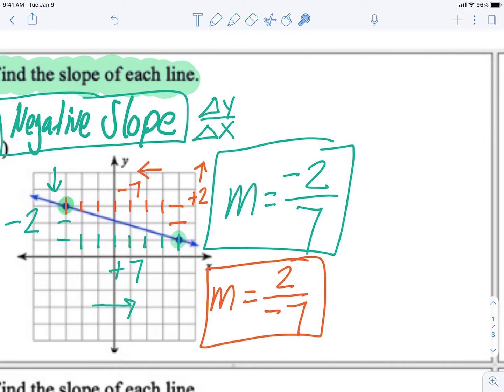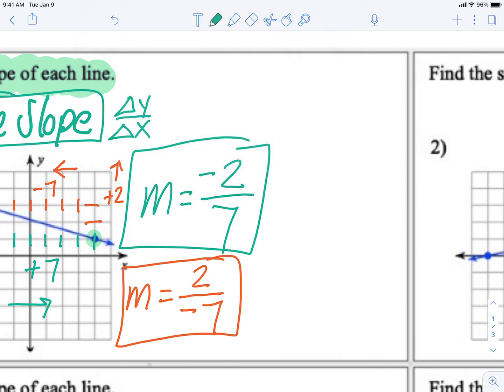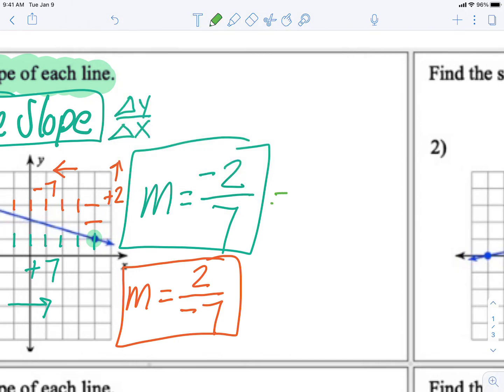These two are the same, because you see this negative sign right here? This negative sign can go in front, just like that. So I'm going to write it in front. Watch. Let me change colors here. I'm going to write it in front. Negative is going to go in front, and then the 2 over 7.